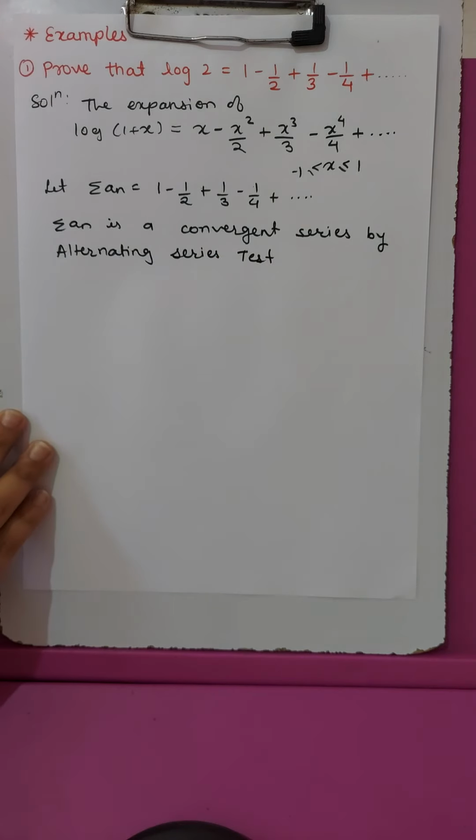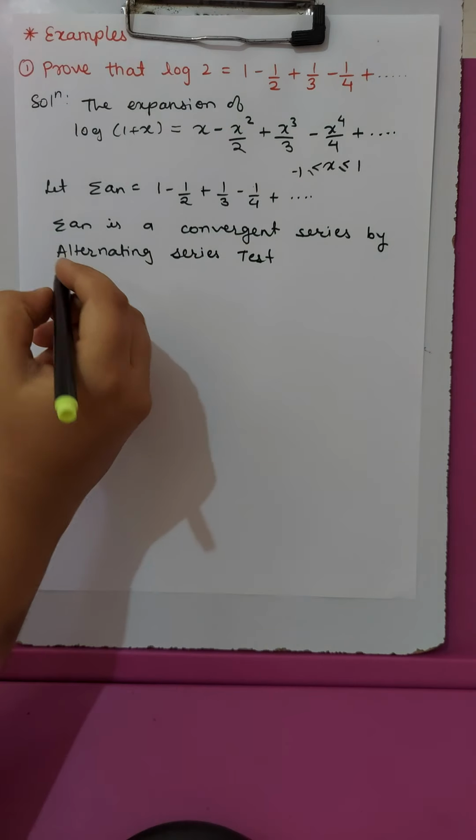So now we can say that by Abel's test, this series is denoted by f of x.